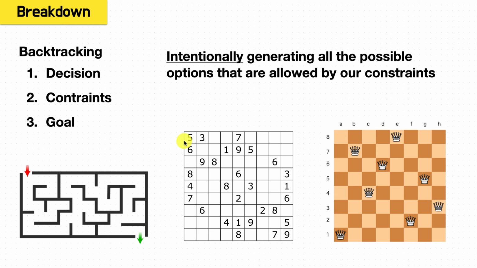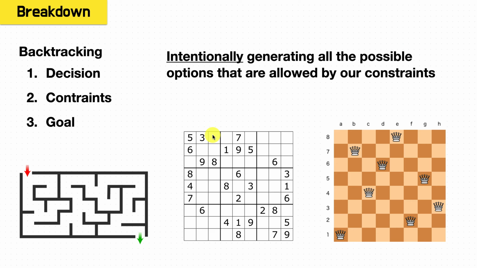Another backtracking problem is solving a Sudoku board. And what you do is you just iterate through it and try all the possible numbers 1 through 9 at each point. However, we know with Sudoku boards there are strict constraints. So within any row, column, or subsquare, a number 1 through 9 can only appear once.